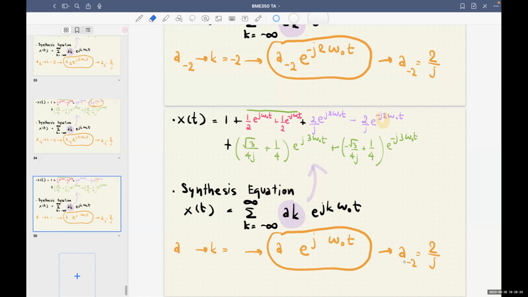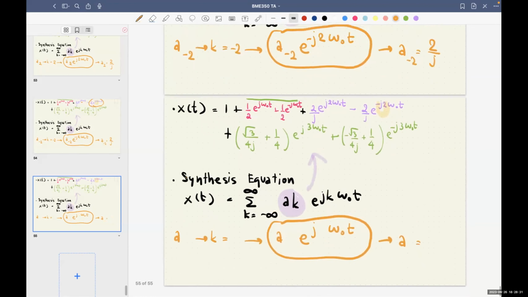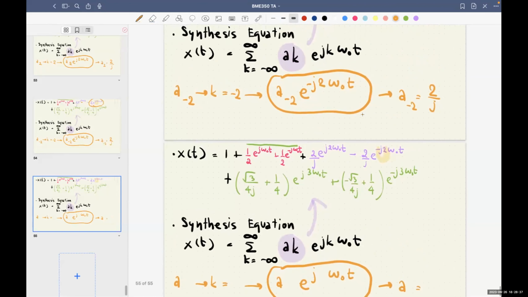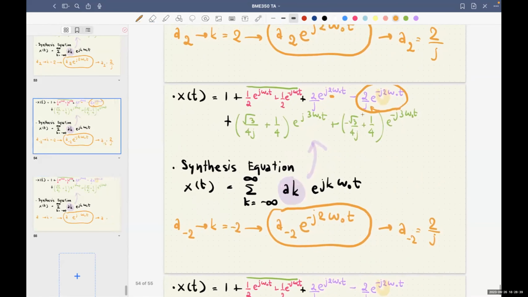I'm going to show you later. So you just care about the coefficient. So for the one that you just did right now, it wouldn't be a -2/j. Oh, thank you so much, for catching that. Yes, okay. Cool. Thank you so much.